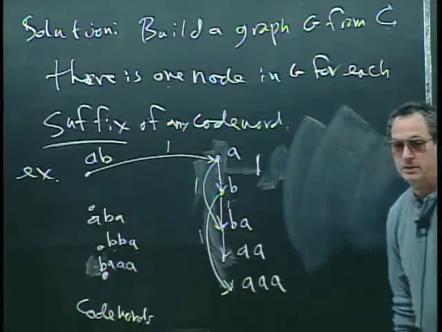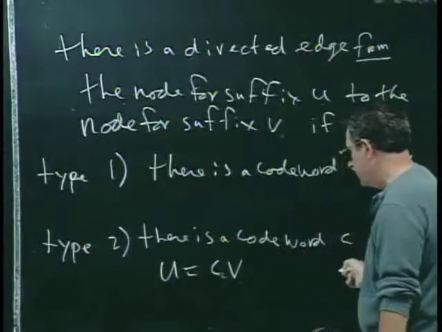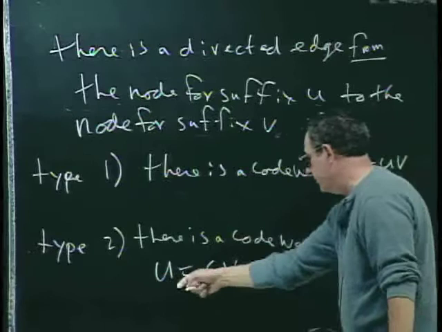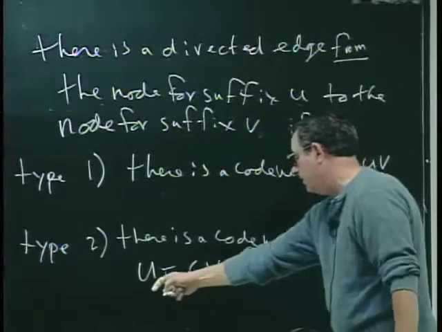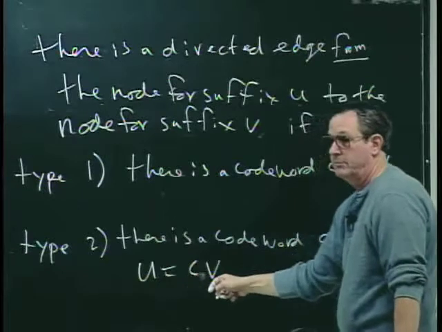All right, so let's go on to type 2. Type 2 rules is, again, that we're looking for two suffixes, u and v, where u is equal to a code word followed by another suffix.